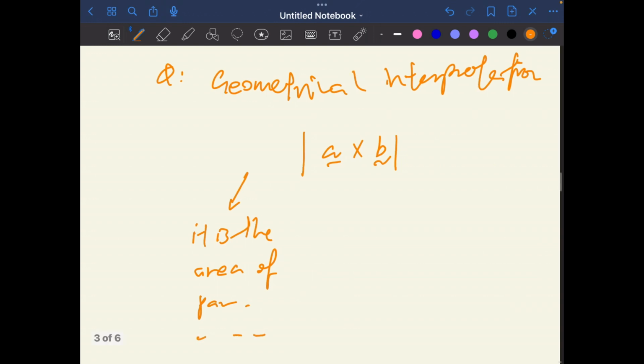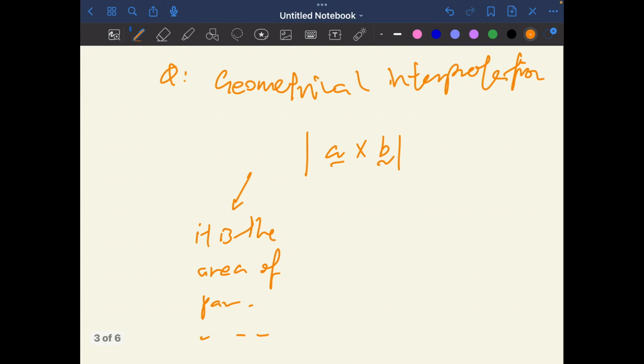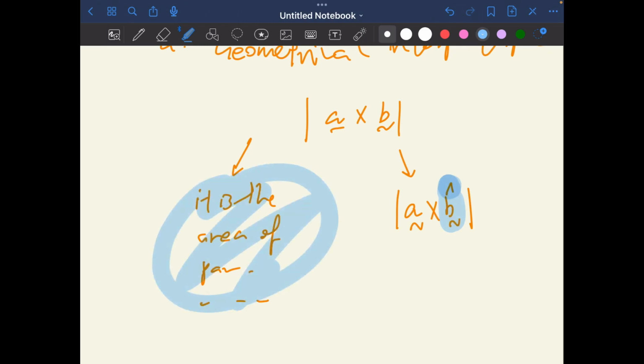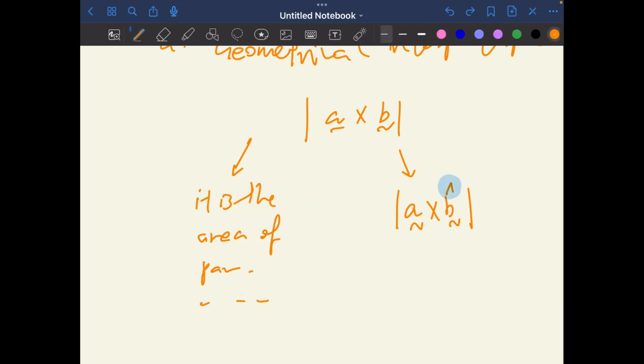But if the question specifies that B or A is a unit vector, so they say it is mod A cross mod B, you have to be very careful, because B doesn't have to be a unit vector for the interpretation of the area to work. So there must be a reason why they specified B to be a unit vector.